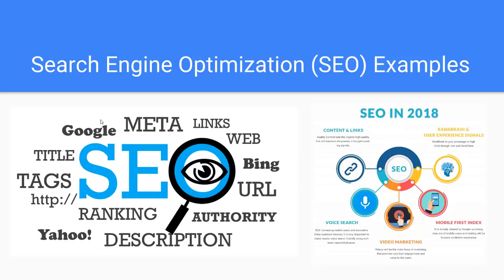Right now, I actually have a couple of websites that I'm trying to rank on Google to become on the first page so that I can get as many potential people to view my sites.